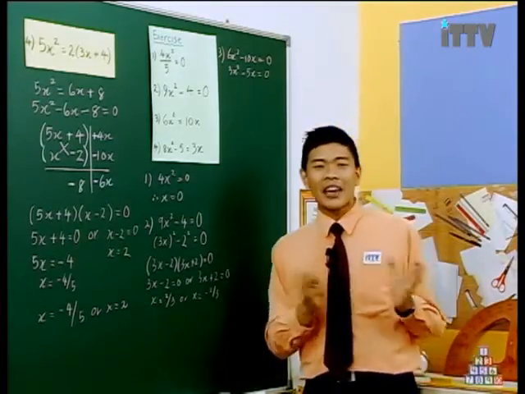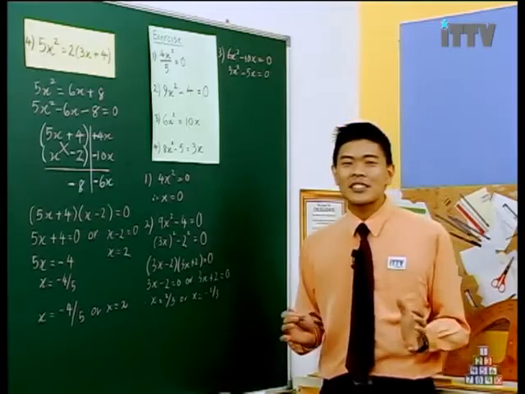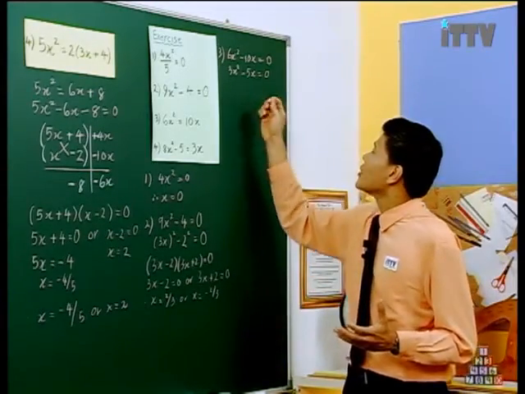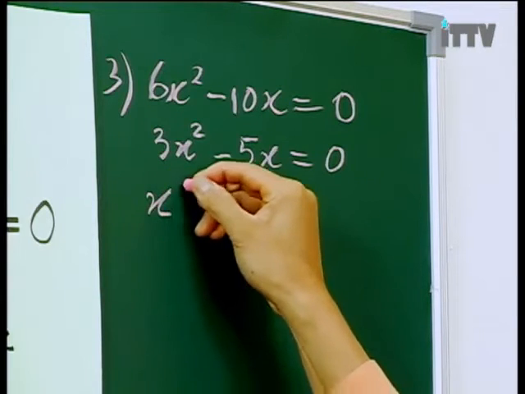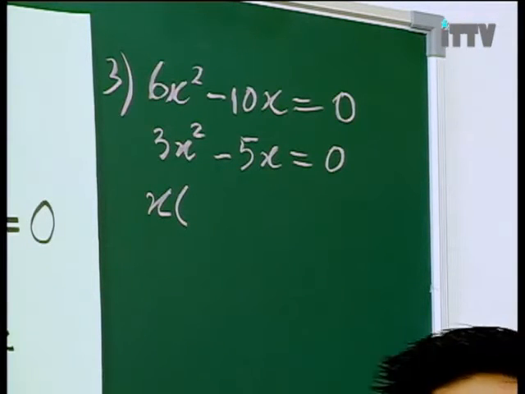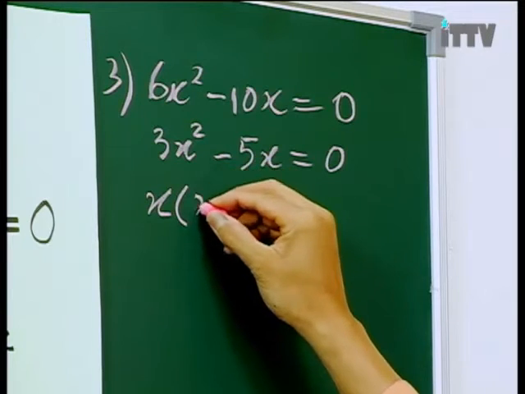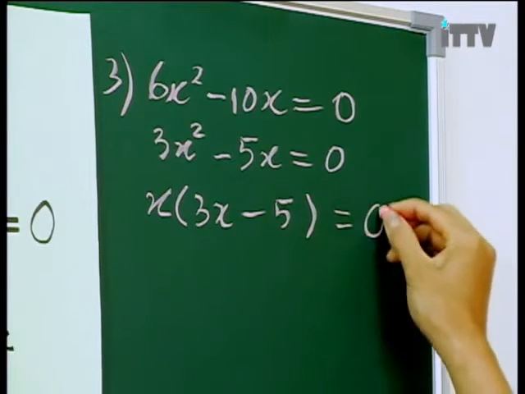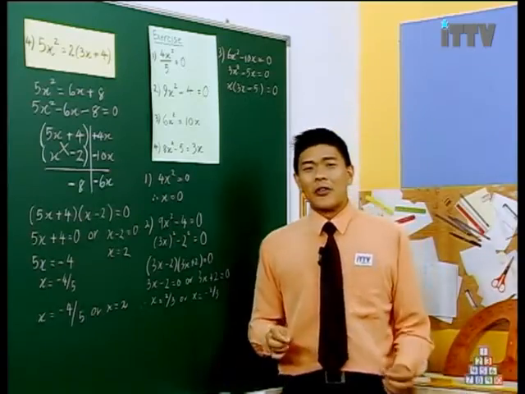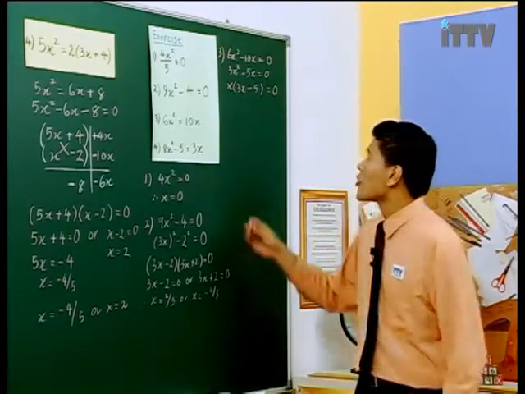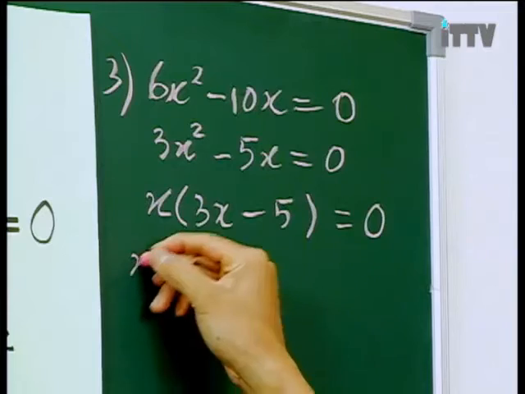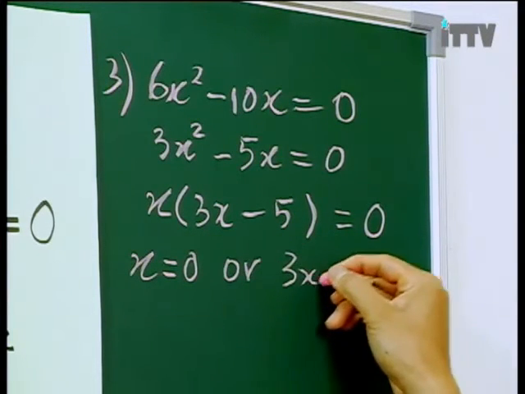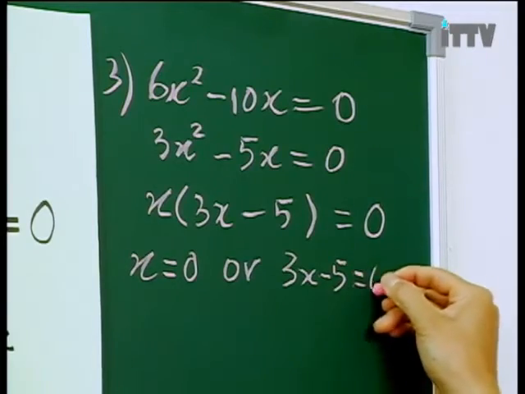Third step, apply factorization. This kind of factorization just involves taking out common factors. What is the common factor? x. So x has to be taken out, and the expression in the bracket is 3x minus 5. Lastly, equate both factors to 0. The first factor is x, the second factor is 3x minus 5.